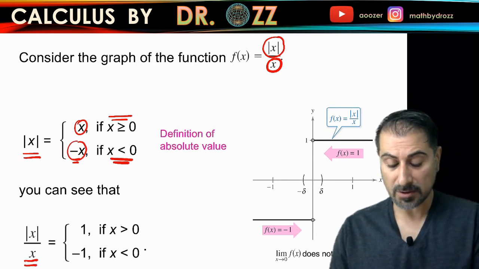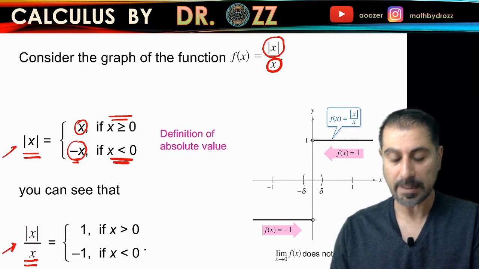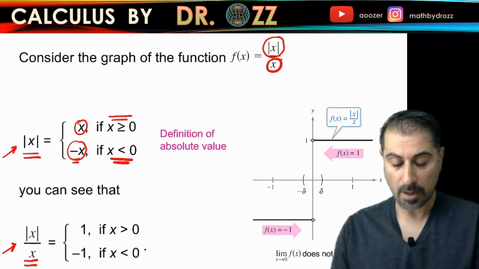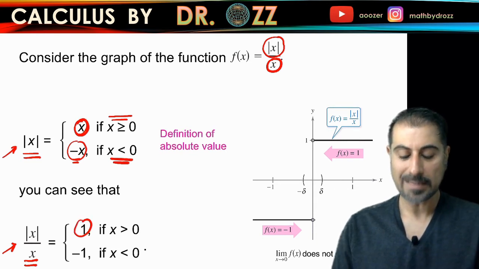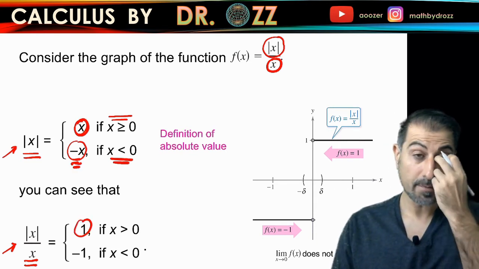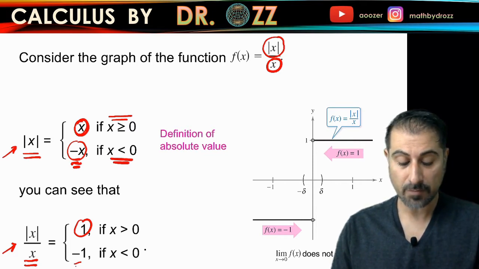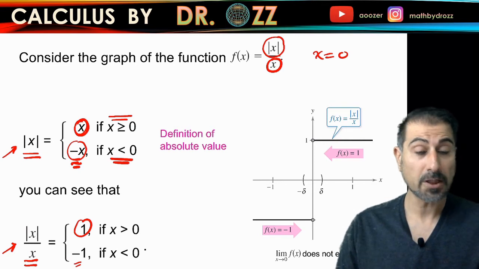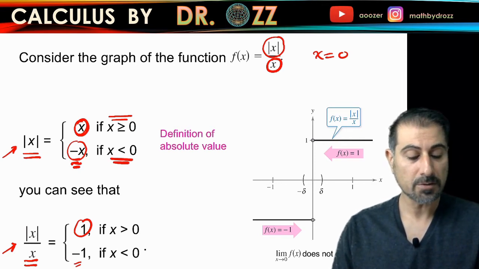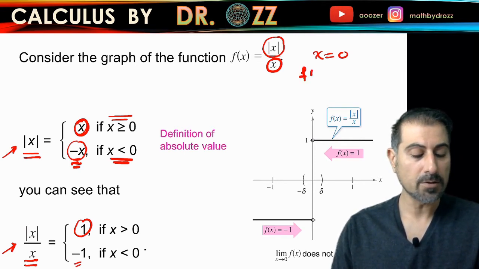So this function is still a piecewise function, like the absolute value function. The first piece divided by x takes you to 1, and the second piece divided by x takes you to -1, but watch out that x equals 0 is a problem point. That's where we check the limit, because this function becomes 0 over 0, which is undefined, right?